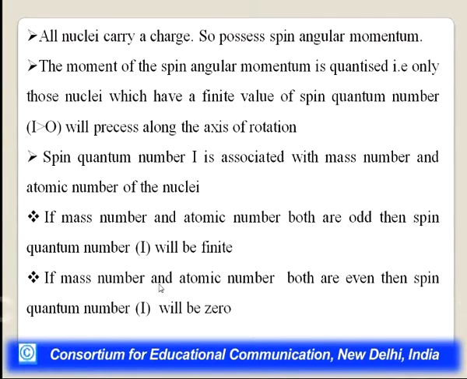If the mass number and atomic number for a single nucleus are both even, then the spin quantum number will be 0, and that is NMR inactive. For NMR activity, the spin quantum number should be a finite value. As we have discussed in IR also, the dipole moment should be a finite value. If the dipole moment is 0, then the molecule will be neutral towards infrared radiations.